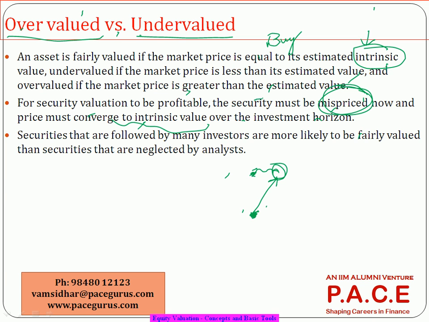It could so happen that if there is a lot of demand for a security, probably the top 50 or top 100 equity securities listed on BSE or NSE, there will be a lot of volume traded on them. For those kinds of securities, it's very difficult to find them undervalued or overvalued for a longer period, because people will quickly take their buy and sell decisions and try to avoid that gap to a large extent.